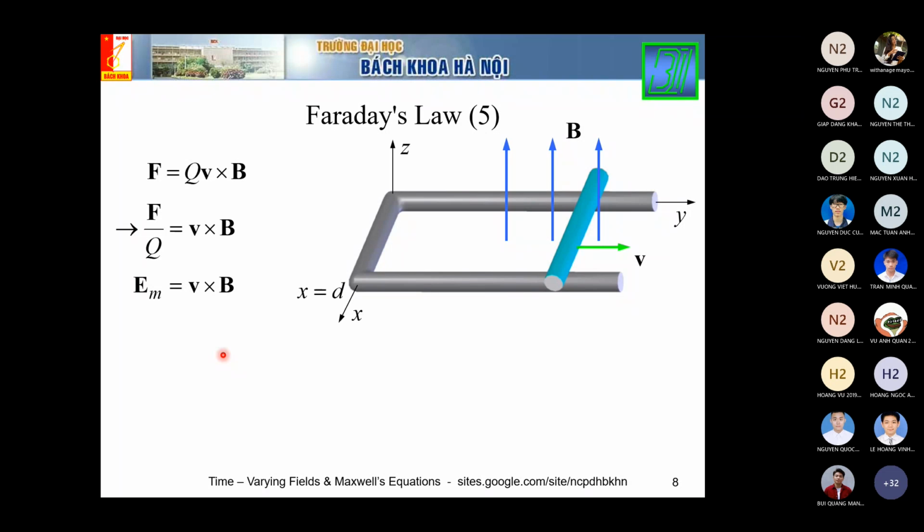And then we return to the induced voltage. It is a voltage, so it can be defined by this formula. On the one hand, you know that E_m is v cross B. So if we apply to this, we have this one. v cross B will be v times B, because the angle between B and v here is 90 degrees, and sine of 90 degrees is 1.